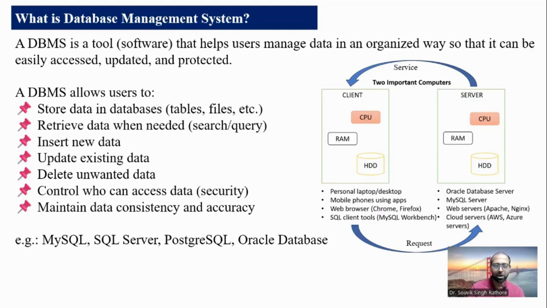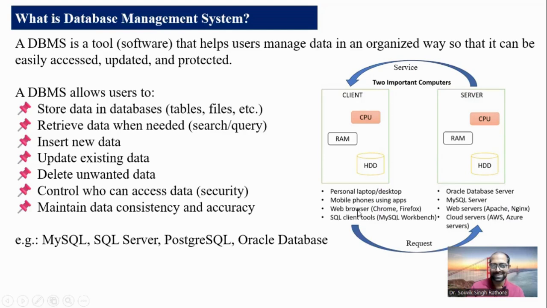But think of the server as a very powerful computer that stores the database. Very large organizations keep their databases on dedicated servers, huge computers, you can say, because these are faster, more secure, and they are available 24 hours a day.